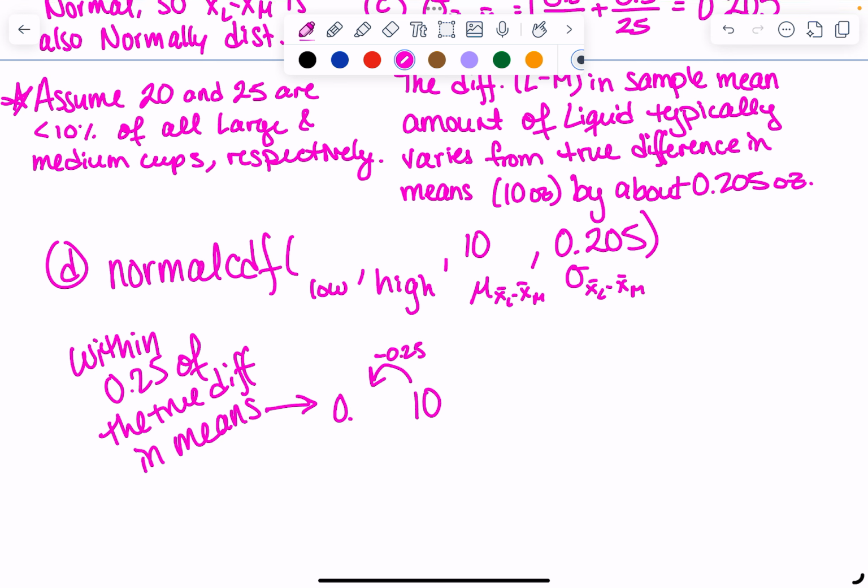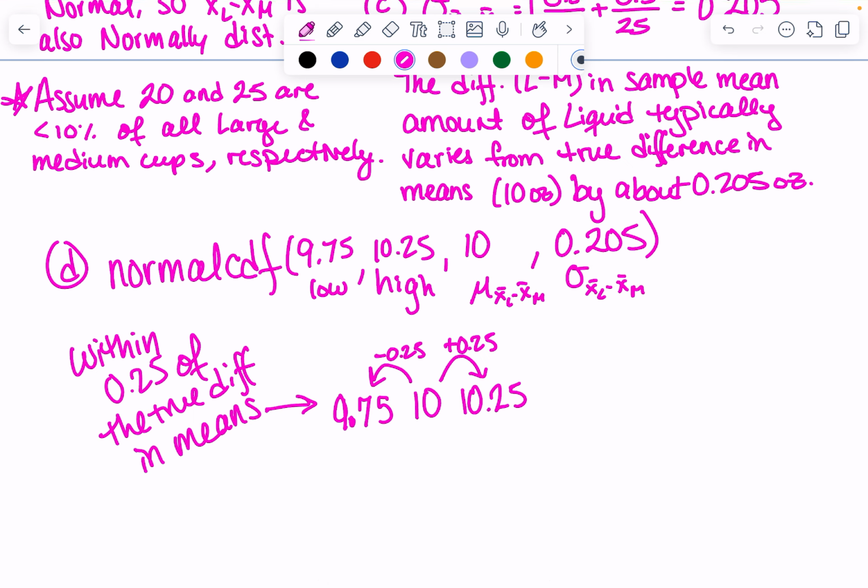That's 9.75, so that's our low. And we're going to go 0.25 higher to see what our high is going to be, so 10.25. When it says within however much, that just means start at your average and go that much down and that much up to figure out your low and your high.